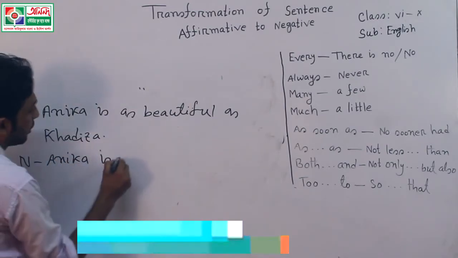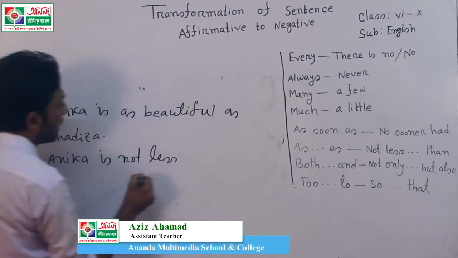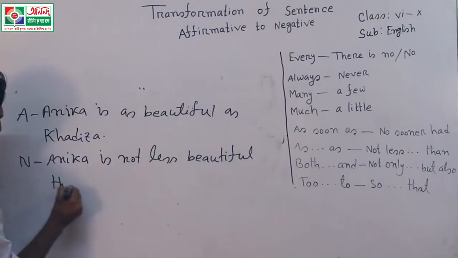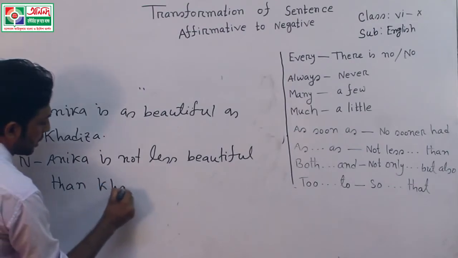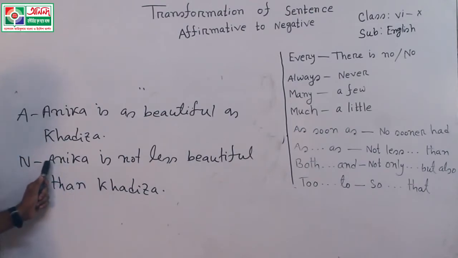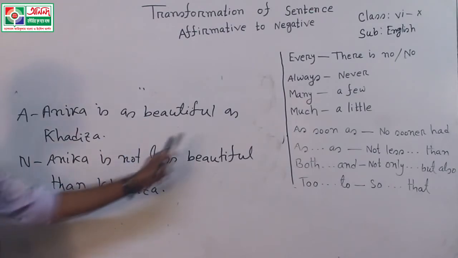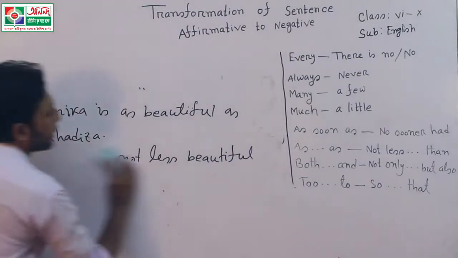Anika is not less beautiful than Khadija. Dear learners, look at the example attentively. In this sentence, we have used not less instead of as, and secondly as changes into than, and nothing else changed in this sentence.